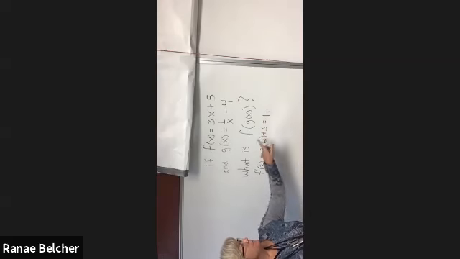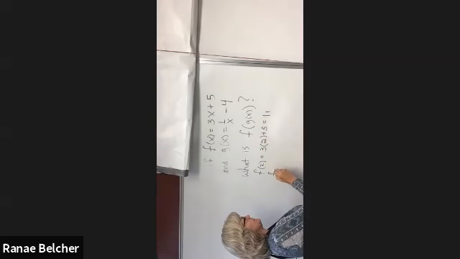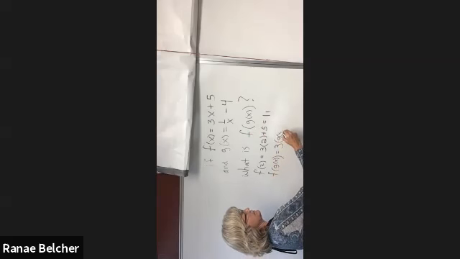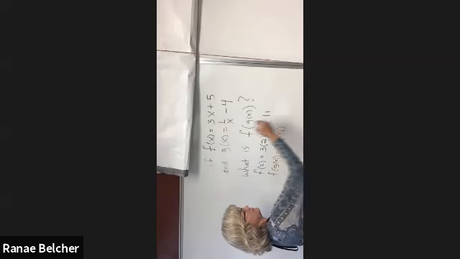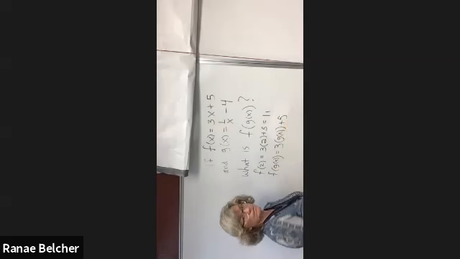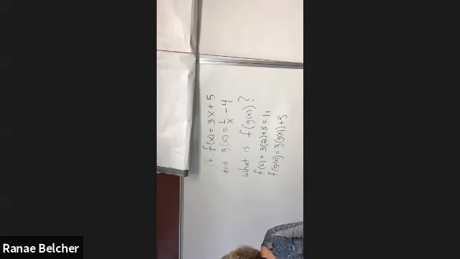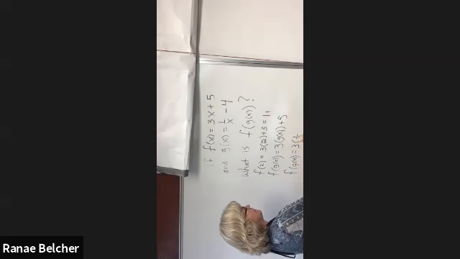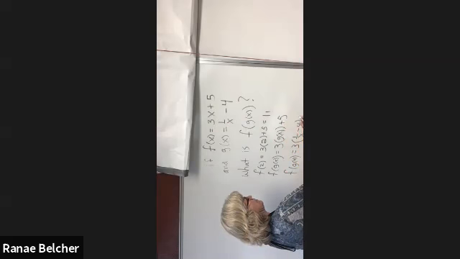And so if you have f of g of x, you would plug a g of x in where x was. But what is g of x? Well, it is 1 over x minus 4, plus 5.